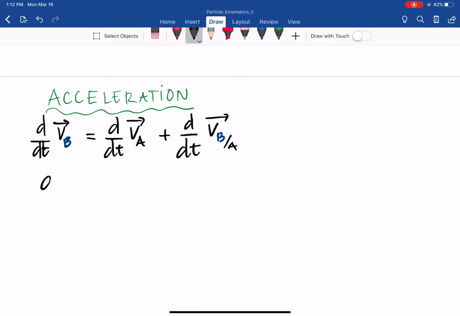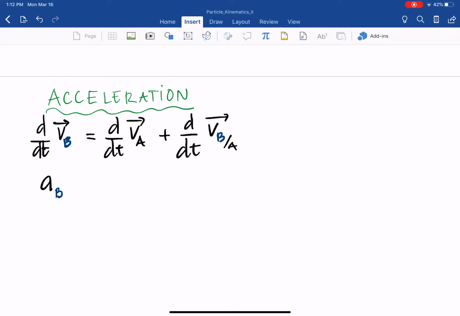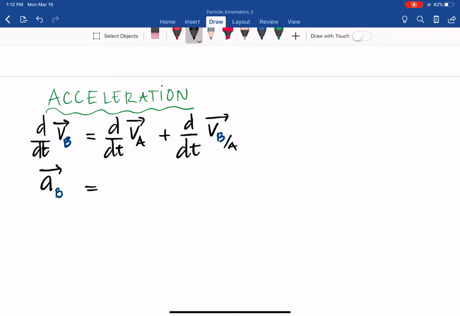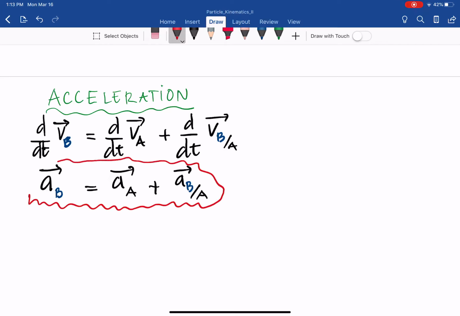So from that, I have the acceleration of particle B, as a vector, equal to the acceleration of particle A plus the acceleration of particle B, or object B, relative to particle A, or object A. And that one we call the relative acceleration equation. Keep that in mind.